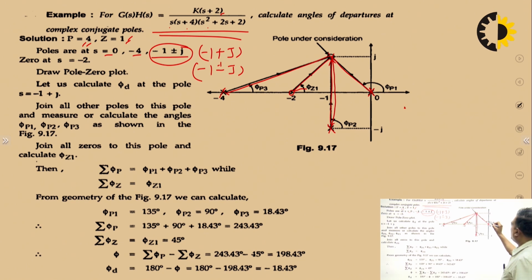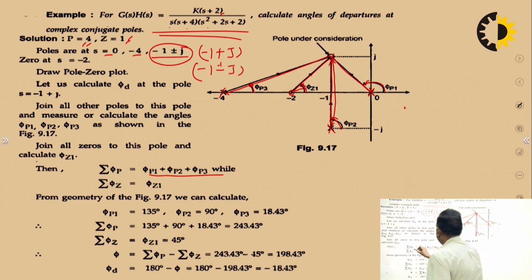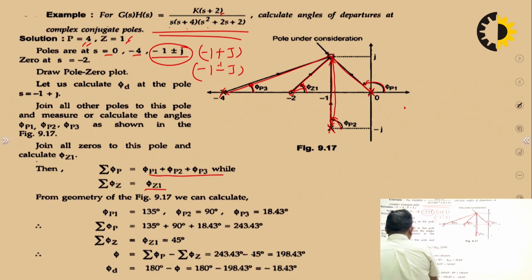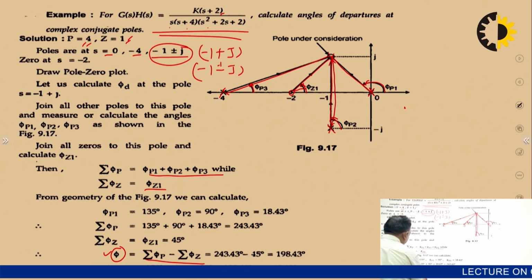This is the first pole, with angle phi p1, this is the second pole phi p2, this is the third pole phi p3, and this is phi z1. We will calculate phi p1, phi p2, phi p3 and add them, then calculate phi z, compute sigma phi p minus sigma phi z, and subtract the angle that we obtain from 180.